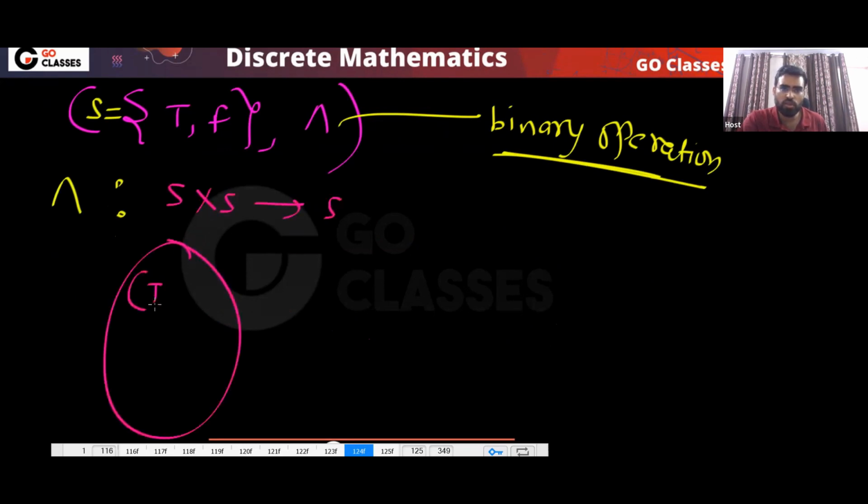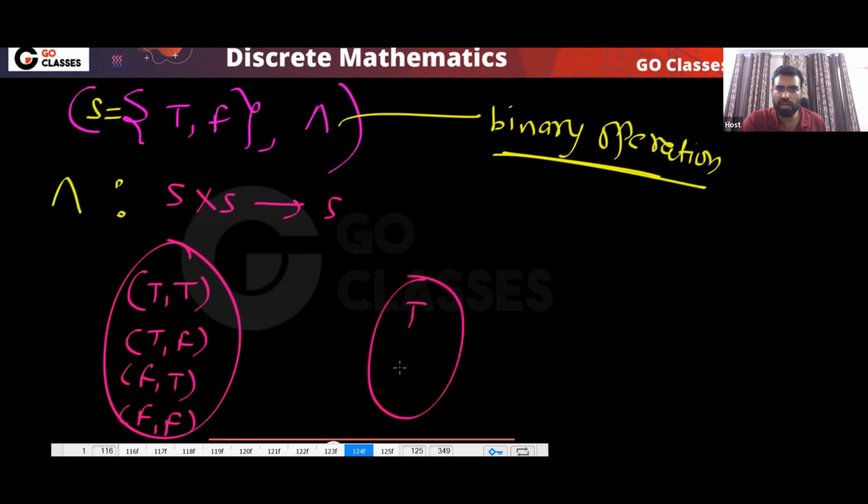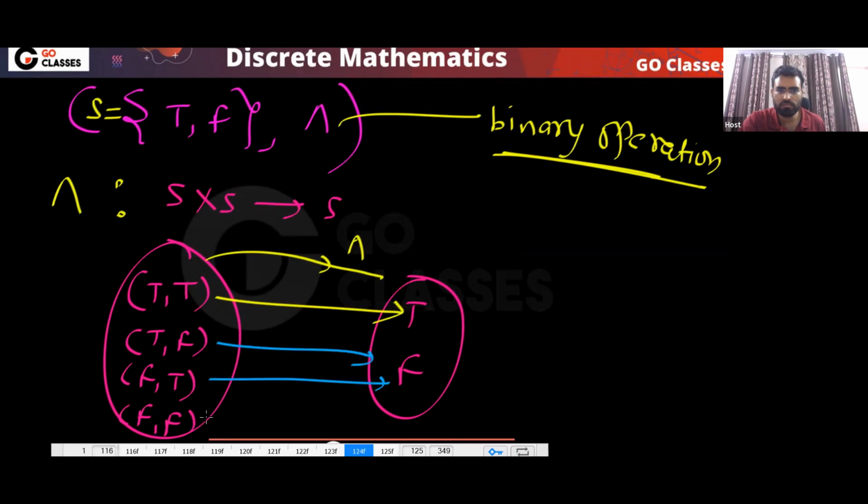Because you can take two elements: true, true; true, false; false, true; false, false; and the result is in S. So you can notice that this binary operation is a function. Is this clear? So a binary operation is a function.